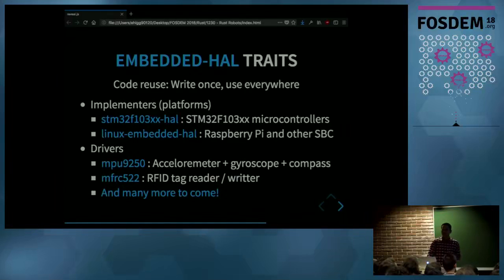And they don't have to write any platform-specific code. And the benefit for the developers who target some platform is that once they implement these embedded HAL traits, they get for free all the generic drivers that are built upon that. And right now we don't have many drivers published on crates.io, but the community is working together to get a lot of them out this year.